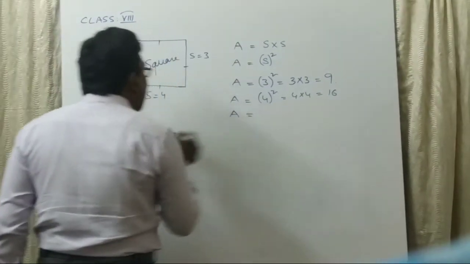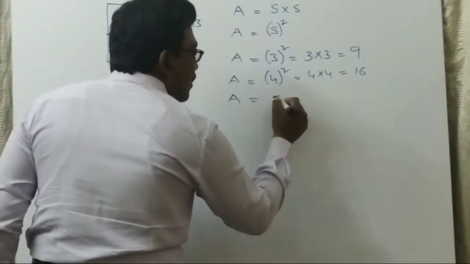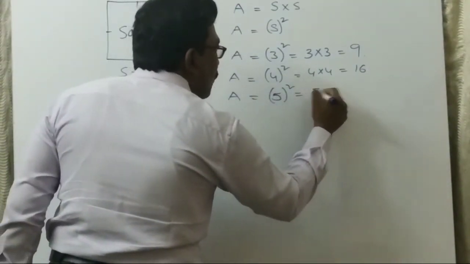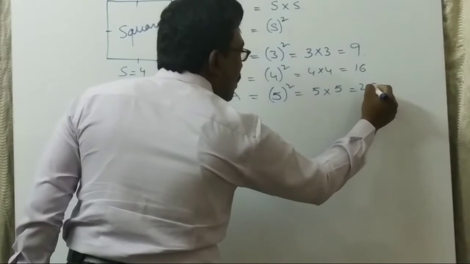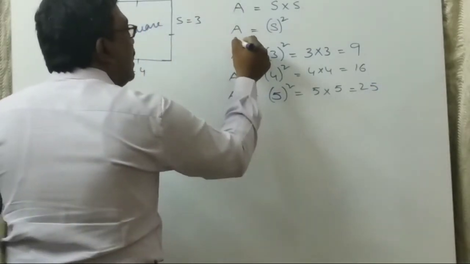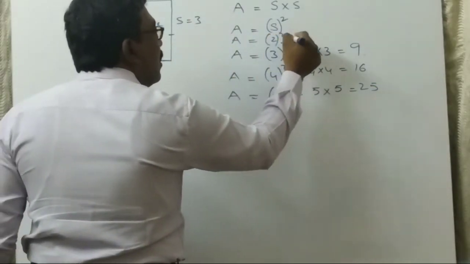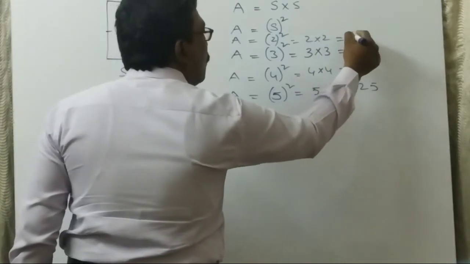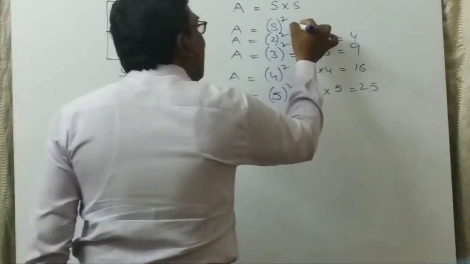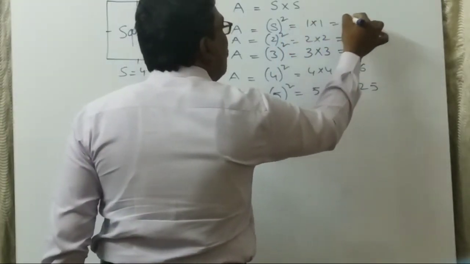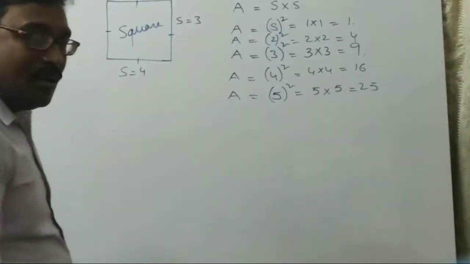Suppose the side is 5 units, 5 square, 5 into 5, 25. If the side is 2 units, 2 into 2, 4. If the side is 1 unit, 1 into 1, 1.